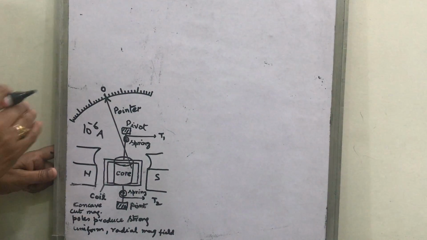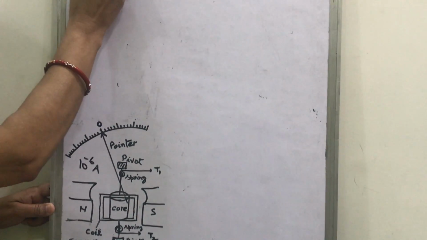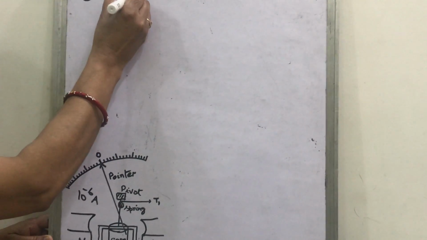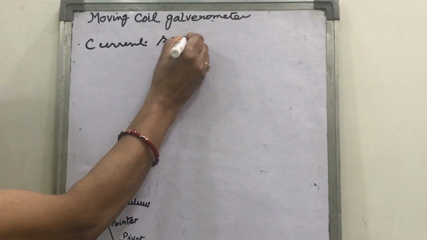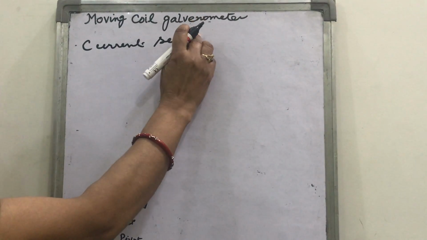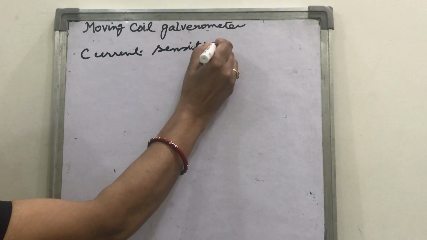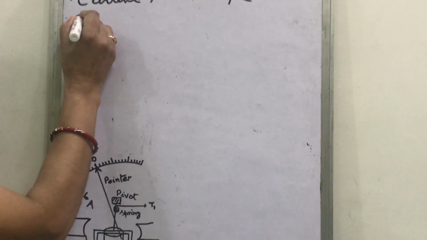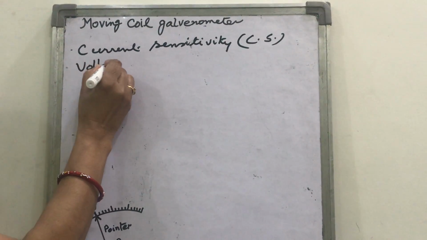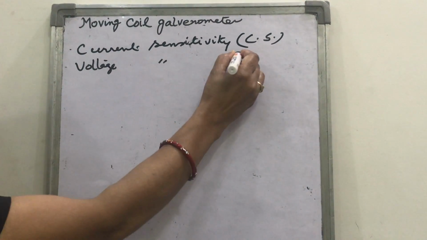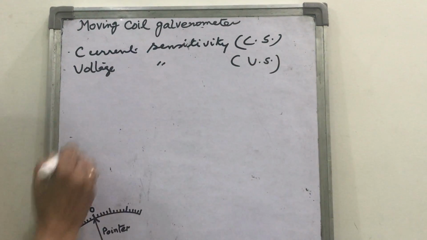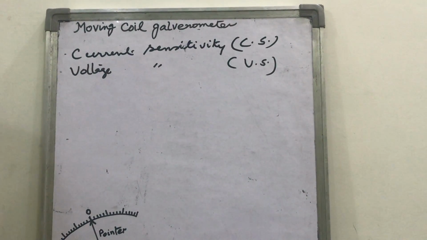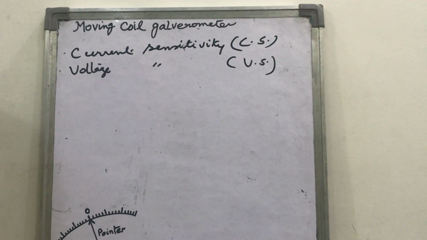Now we will discuss today the current sensitivity of the galvanometer. I will write the term CS for current sensitivity, and voltage sensitivity I will write with the term Vs. Before that, what do you mean by sensitivity of galvanometer?